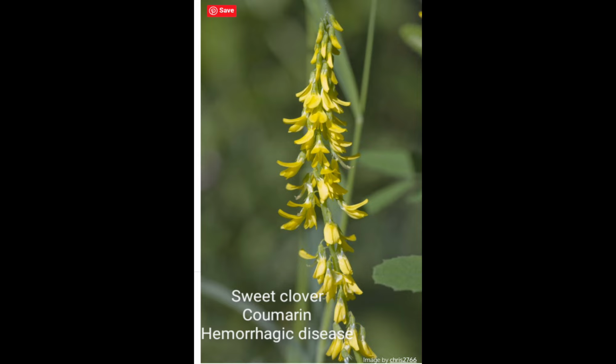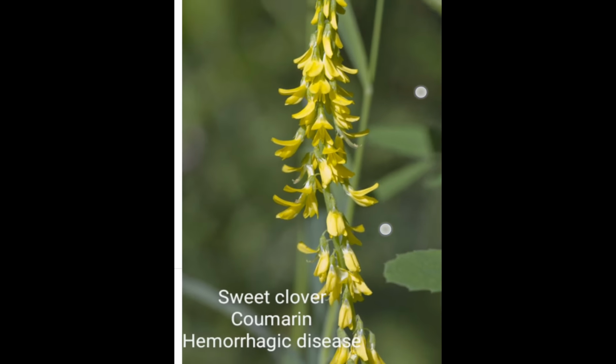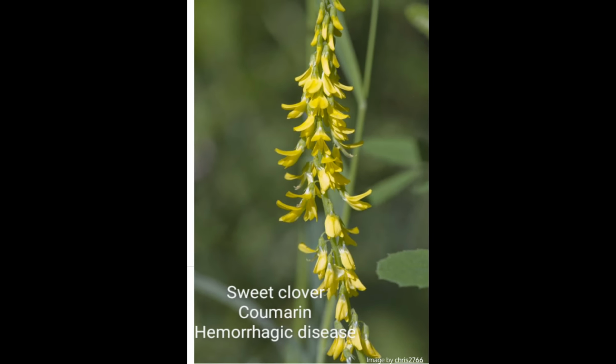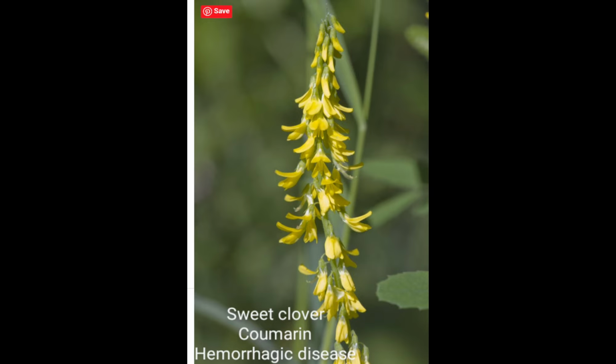Then next we have the picture of sweet clover. Sweet clover is yellowish colored, with small petals. A big vertical flower with small petals. It releases coumarin.